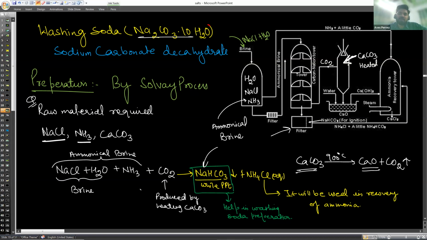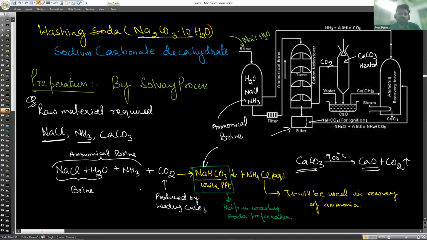When we start heating the calcium carbonate, carbon dioxide is produced and passed through this carbonation tower, which has the filtered ammoniacal brine. Then we get the precipitate of sodium hydrogen carbonate. This will form a precipitate: sodium hydrogen carbonate, or the baking soda.